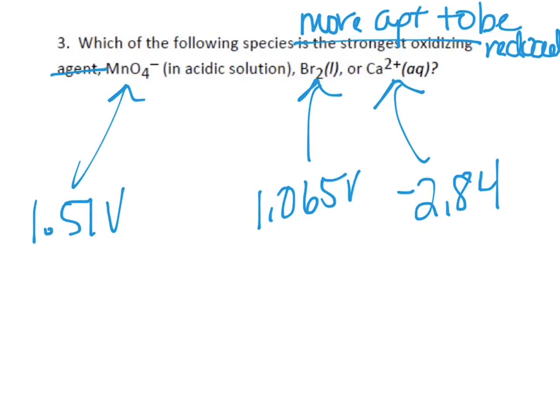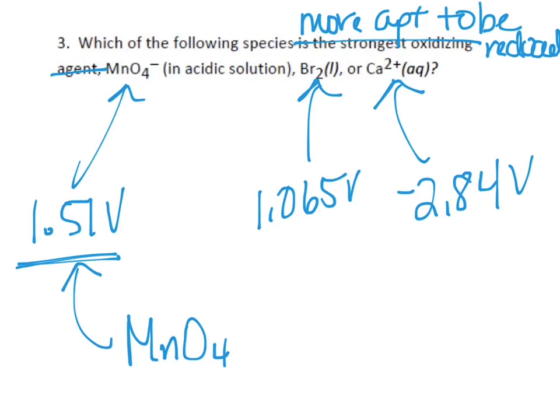Okay, so which one is more apt to be reduced? The one that has the largest number is going to be the one that is more apt to be reduced. So permanganate is going to be the most apt to be reduced. It has that higher potential. It's easier for it to gain electrons, because it's positive.